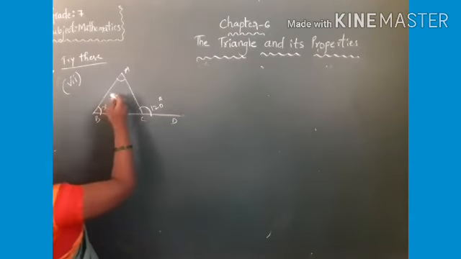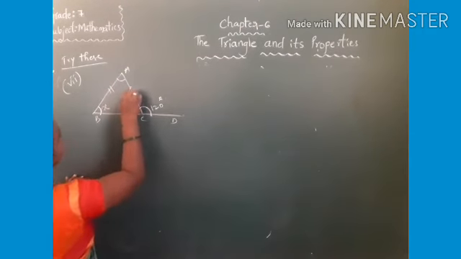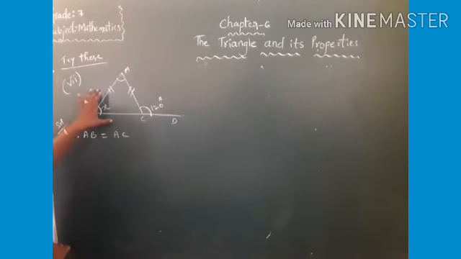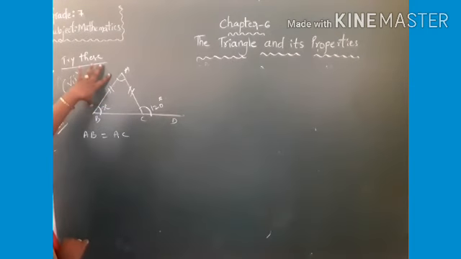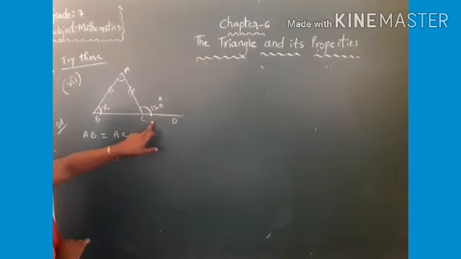We don't know them. Observe here, we have already been given that these two sides are equal, AB is equal to AC. So in the solution for this diagram, AB is equal to AC, and we have to show 120 degrees.